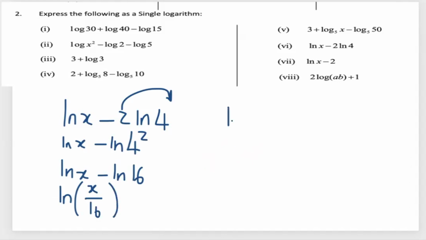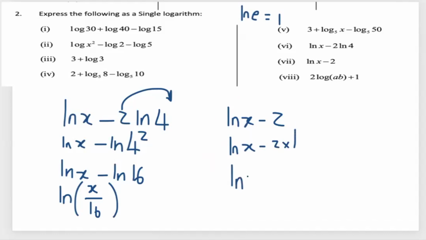Now if I have ln x minus 2, just like how we did the previous, you have to have some ln. Now ln e is 1. So when I change 2 to 2 times 1, the 1 is the same thing as ln e.